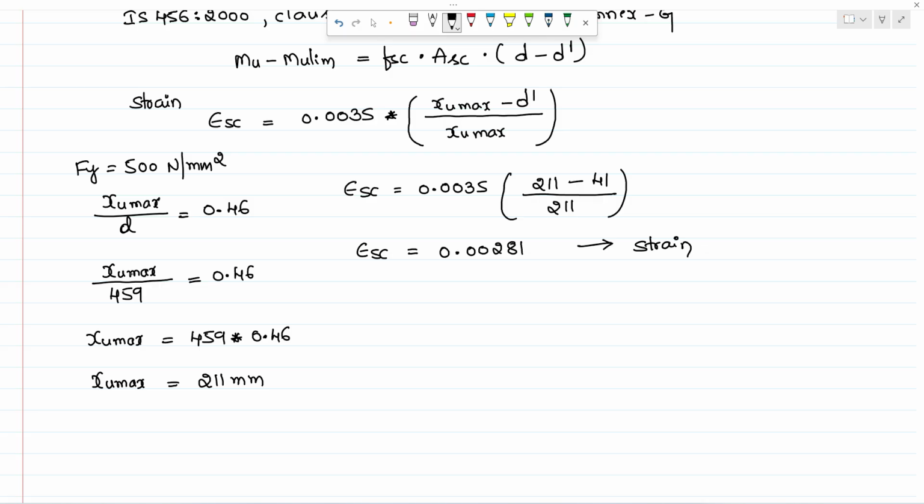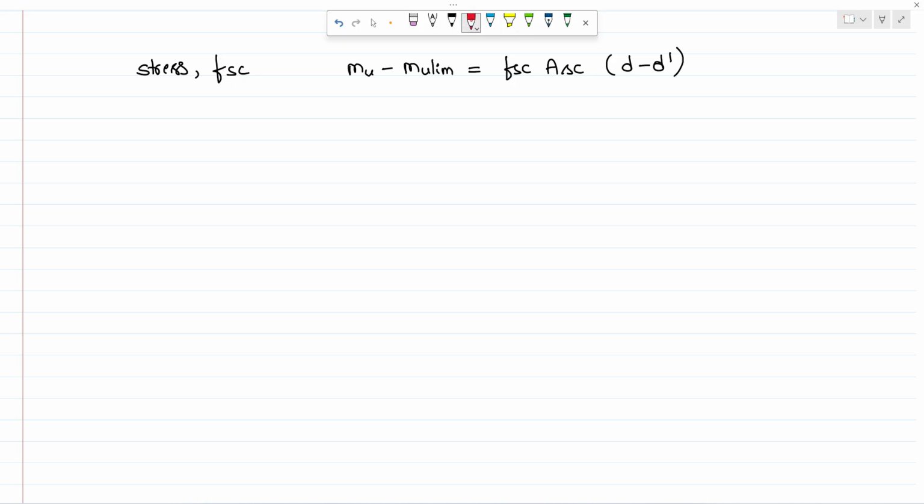Next you need to calculate the stress, FSC, because you know the formula Mu minus Mu limit equals FSC multiplied by ASC into d minus d dash. Initially you calculated epsilon SC, which is 0.00281.